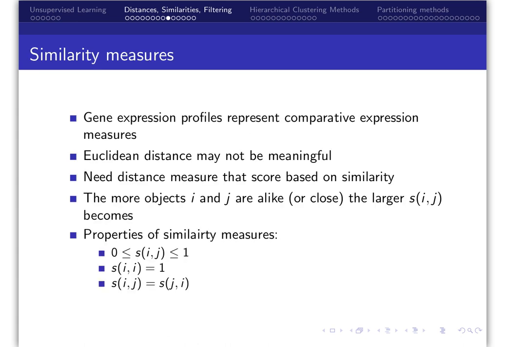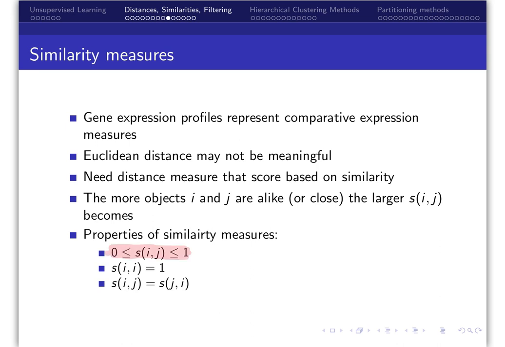Gene expression profiles represent expression measures, and therefore Euclidean distance may not be considered to be that meaningful. Therefore, we need a distance measure that scores based on similarity between genes. This similarity measure should require that the more objects i and j are alike, or close, the larger S of i and j becomes, which leads to the following properties of similarity measures.